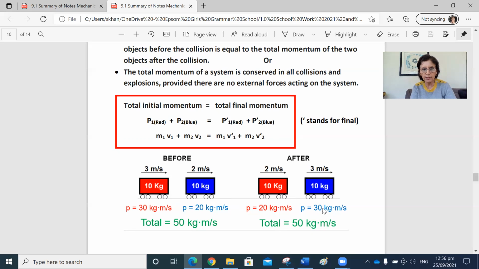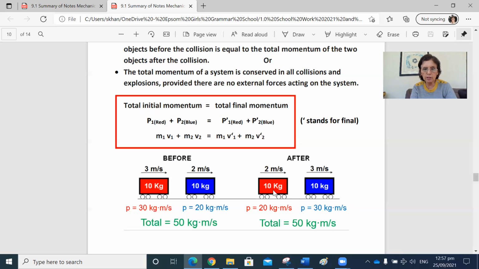So for example, if we look at the blue cart, initial was 20, final is 30, so the change in momentum is 30 minus 20, a gain of 10 in that direction. Let's look at the change in momentum of the red cart.